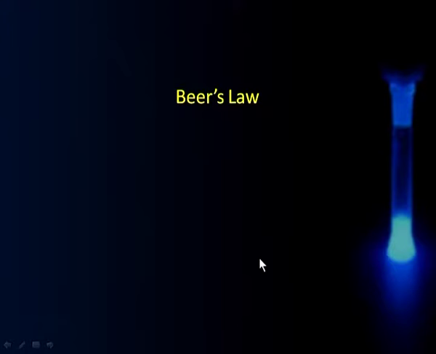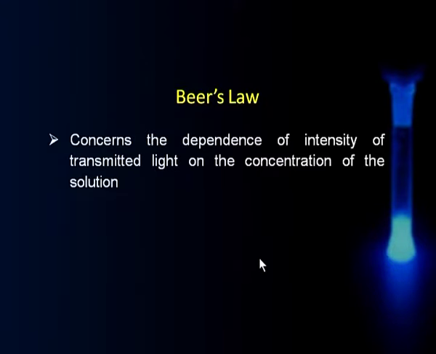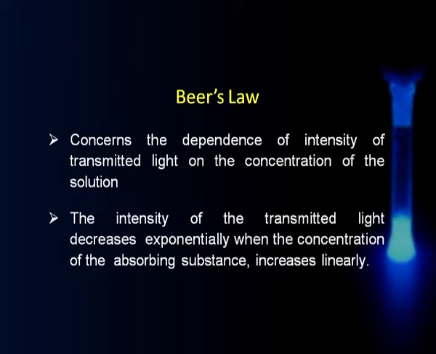As I mentioned earlier, Beer's law concerns the dependence of the intensity of transmitted light on the concentration of the solution. This also has the same kind of behavior, that is, the intensity of transmitted light decreases exponentially when the concentration of the absorbing substance increases linearly. Suppose I have, say, 0.1 molar, and 10% is absorbed. If it is 0.2 molar, the concentration becomes double.